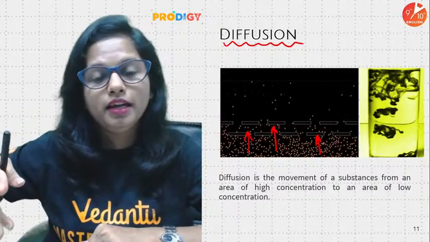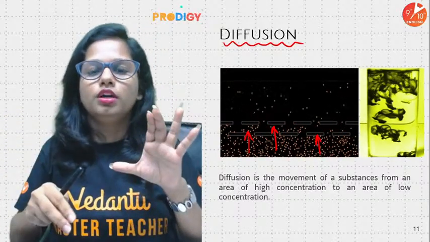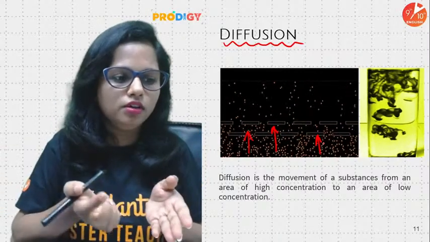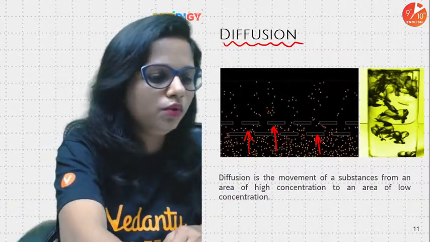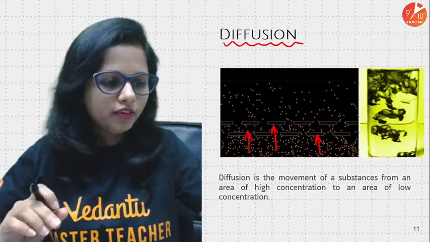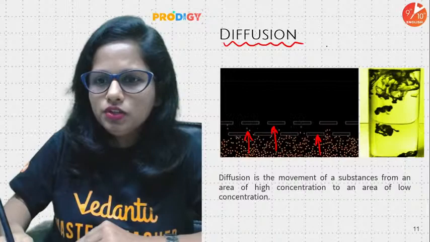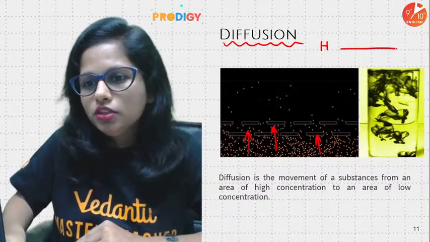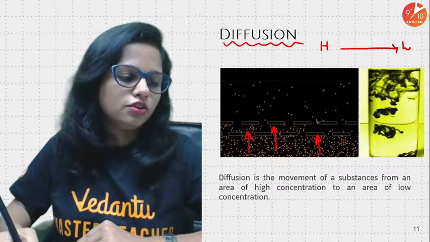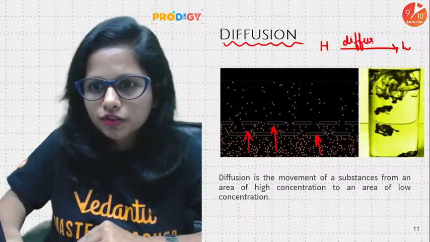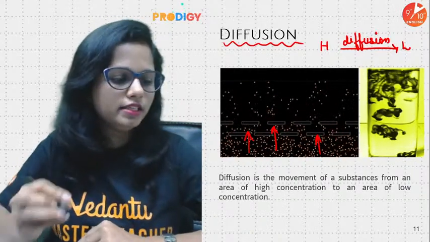After some time, the entire water will turn into colored water. The colorless water will transform into colored water. Am I right, kids? Are you understanding? So when things move from a region of high concentration to a region of low concentration, it's known as diffusion. Easy?